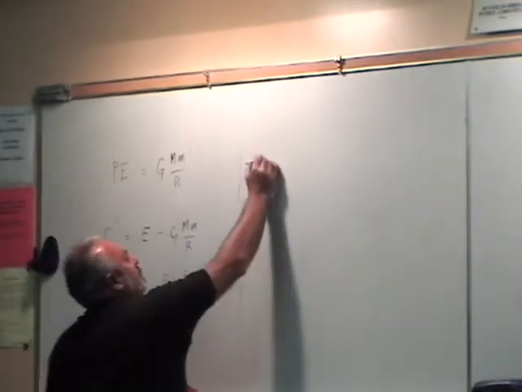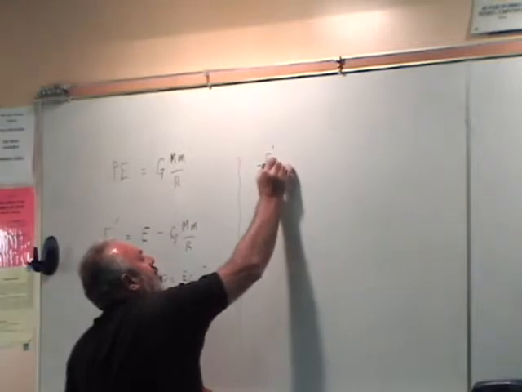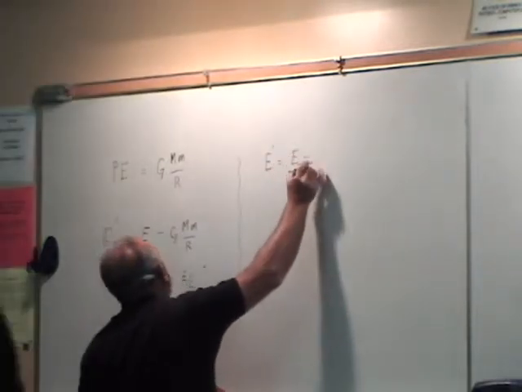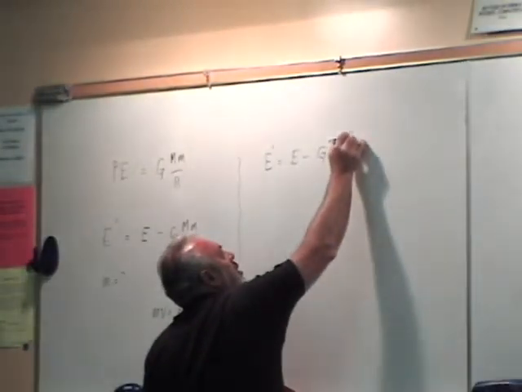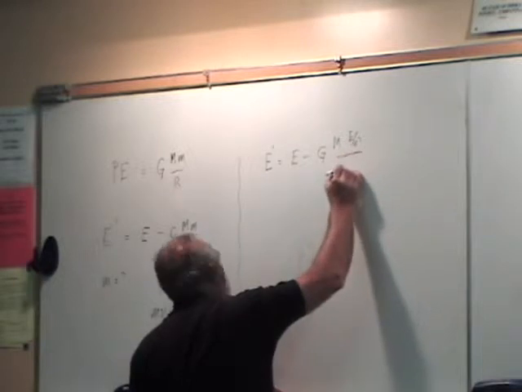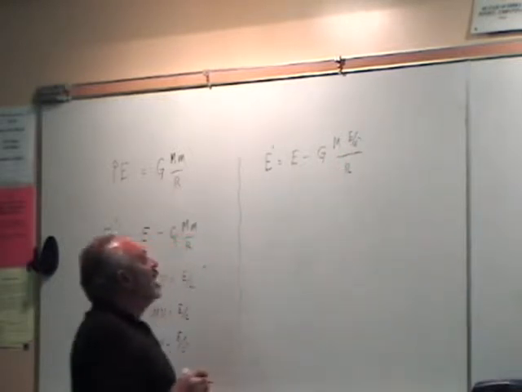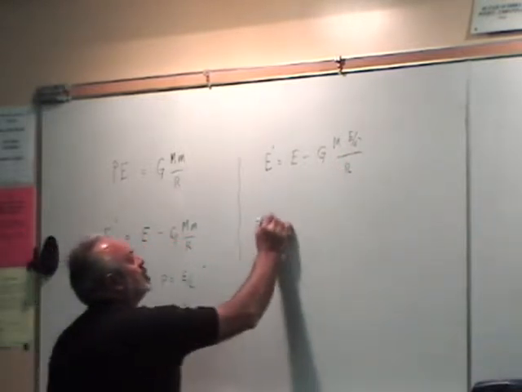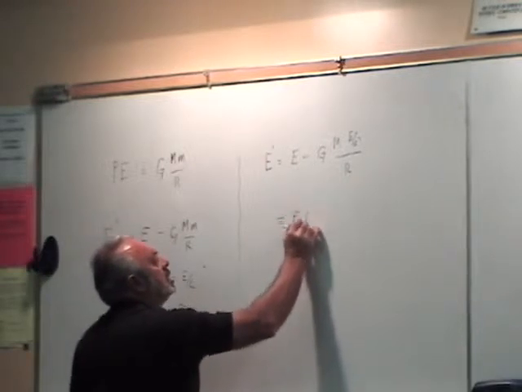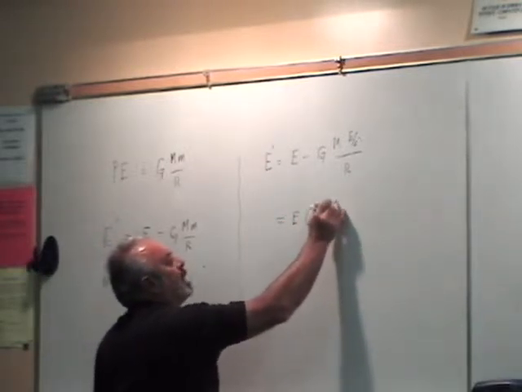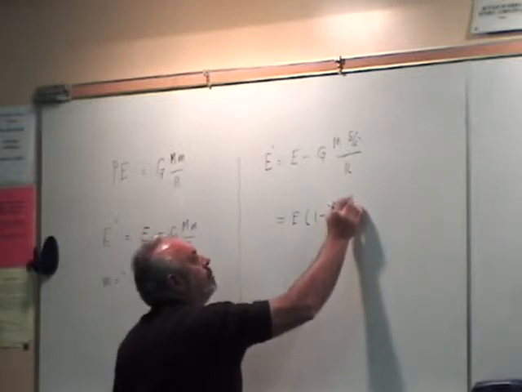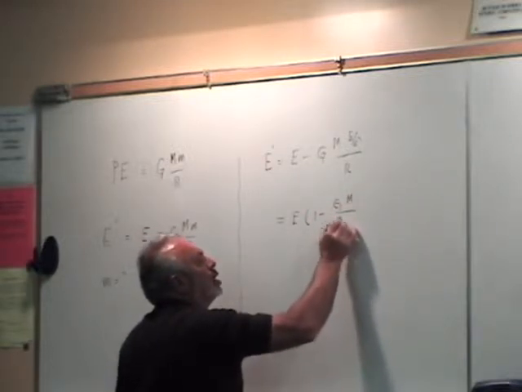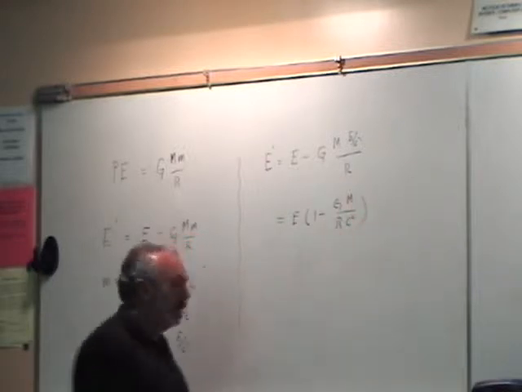So now we have that E prime equals E minus GMm over R. And lo and behold, we have an energy in both places, so we have E times (1 minus GM over Rc squared).